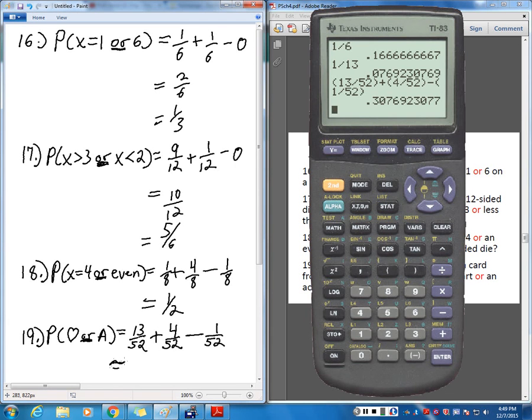I'm going to round it to 4 places, 0.3077. That's my answer. That's how I can use the addition rule to find probabilities of events involving the word or.